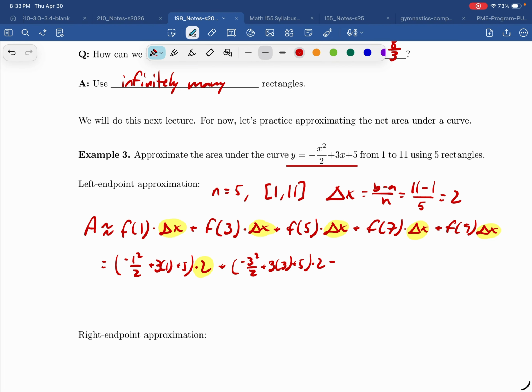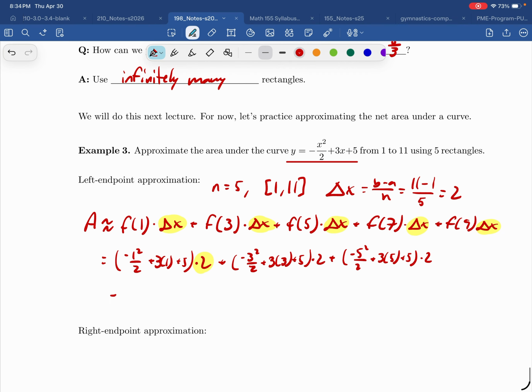F of 5, same thing: negative 5 squared over 2 plus 3 times 5 plus 5 times 2. Plus f of 7, negative 7 squared over 2 plus 3 times 7 plus 5 times 2, and then one more, negative 9 squared over 2 plus 3 times 9 plus 5, plus 5 times 2.